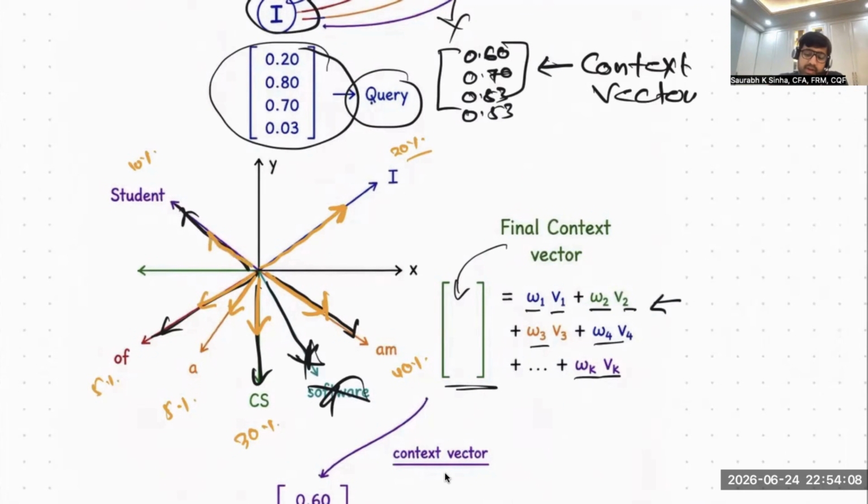And student will get reduced by the magnitude of 0.10. And then you add each vector. That is the weighted average. And finally, you got a new context vector. This context vector is the context vector for I. And you have to repeat this exercise for am, a, student, of, and cs.